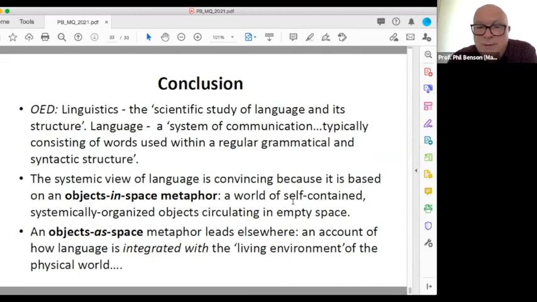Without these metaphors, there's not a lot left of the language system argument. An objects-as-space metaphor leads elsewhere, really, to an account of how language is integrated with, as Halliday put it, the living environment of the physical world. And as I say, I'd be happy to talk about how I think that can be done based on assemblage theory, particularly, but not now.